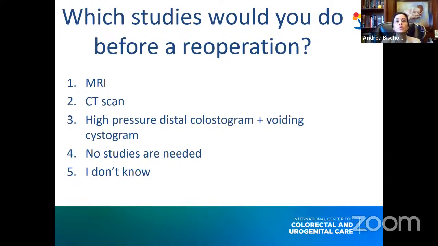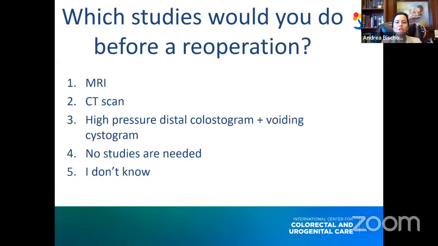So the question is, doing a redo PSARP in a freshly operated case with a current fistula, I think the chances of damaging more are very high. So I think you already had one complication, you have to take the safest route. And that means a colostomy, let everything heal, do a distal colostogram, have all the studies.